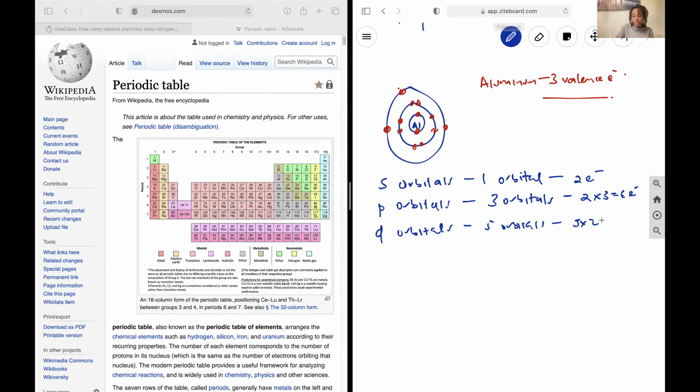And so for aluminum, our example before we get to this question, we'd need to write out its electronic configuration. You can use Madelung's rule, or Madelung's diagram, but it's summarized quite well by the periodic table.